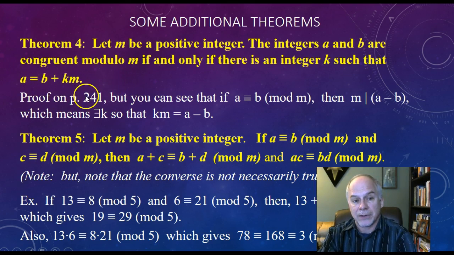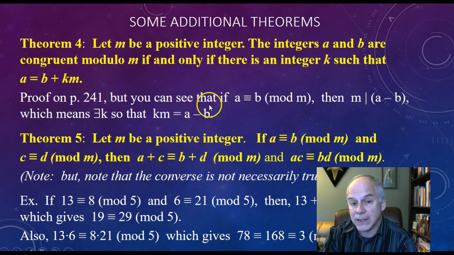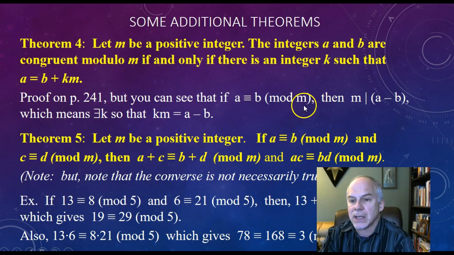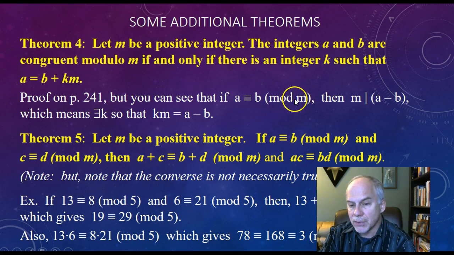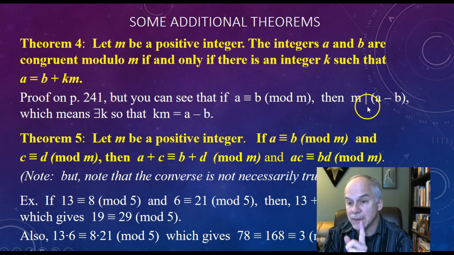Now, there's a proof on page 241, but another way to think of it is this. The integers a and b are congruent modulo m, and that's what the first part of this statement says, so we're just writing it in symbols here. You know that a congruent to b mod m means that m divides the difference, a minus b, just like we discussed earlier.